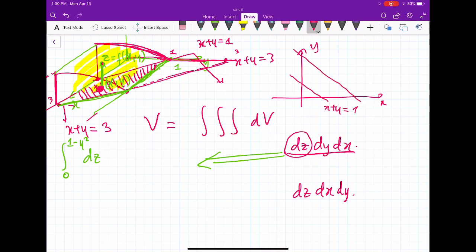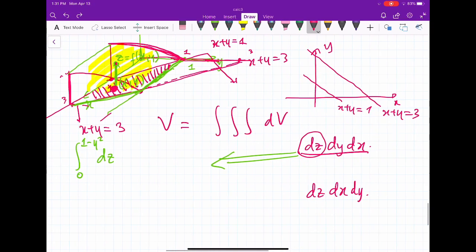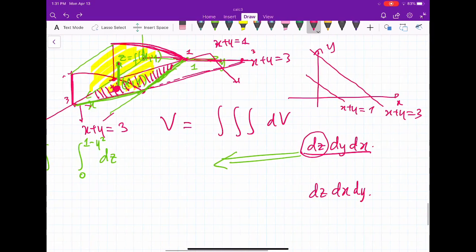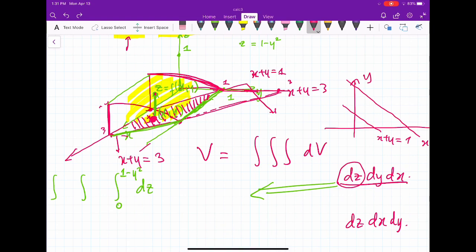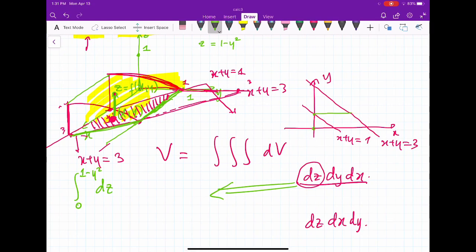The next one is x plus y equal to 3. And we consider y just between 0 and 1, right? y is between 0 and 1. Look at this. y is only on this interval, 0 and 1. So we only have 0 and 1 right here. And this is our region.